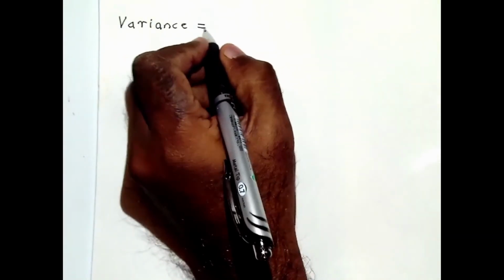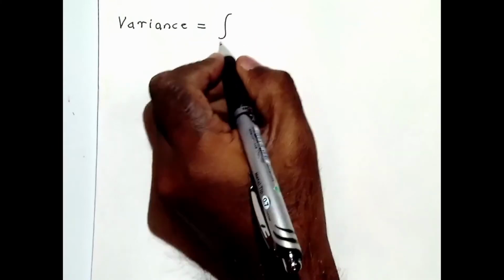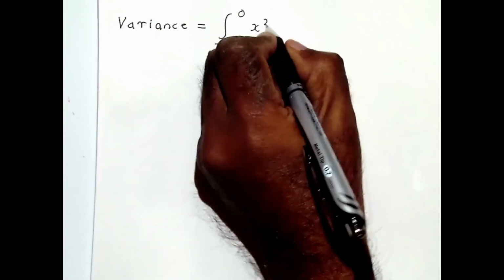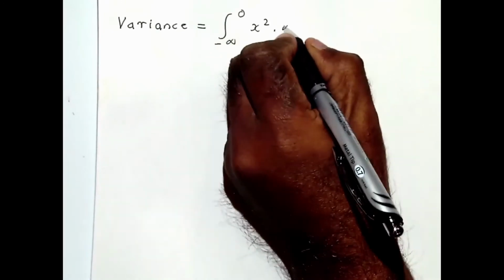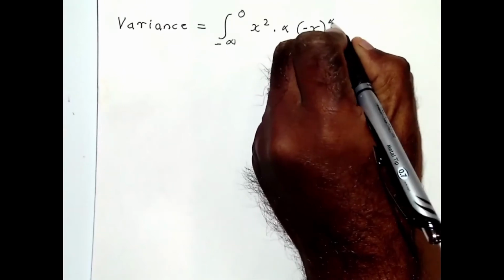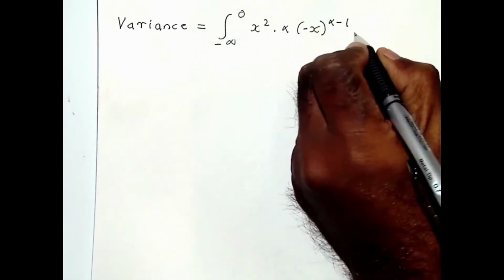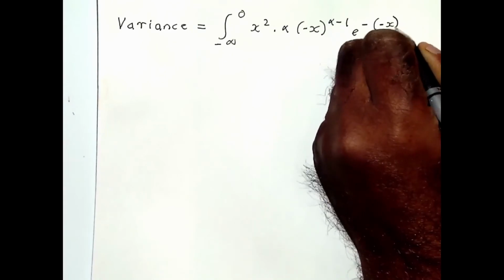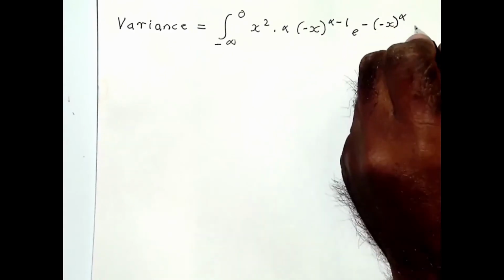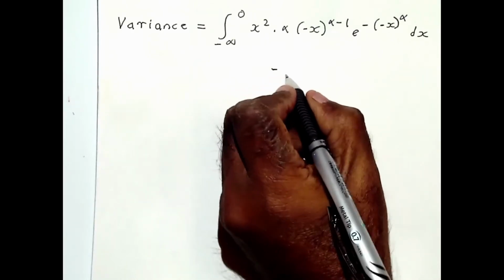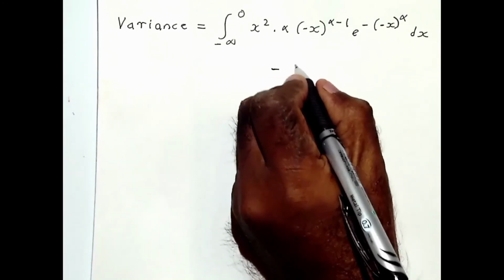Variance for the Weibull limit, right, it's going to be the integral from minus infinity to 0 of x squared times the density function, which is this, minus the square of the mean, which is this.